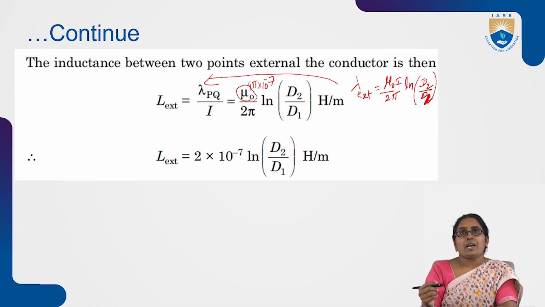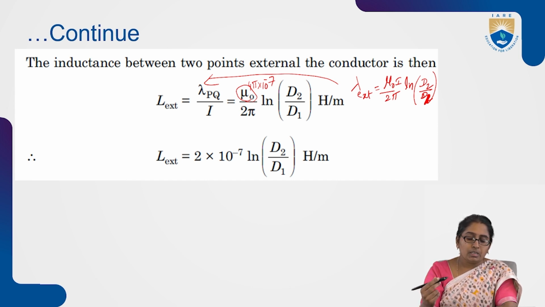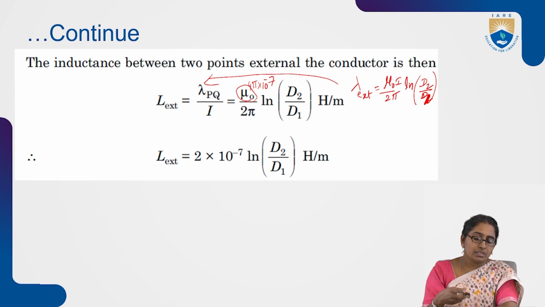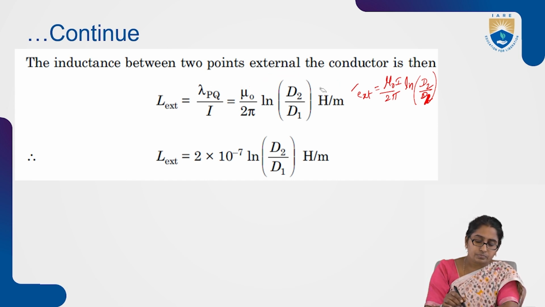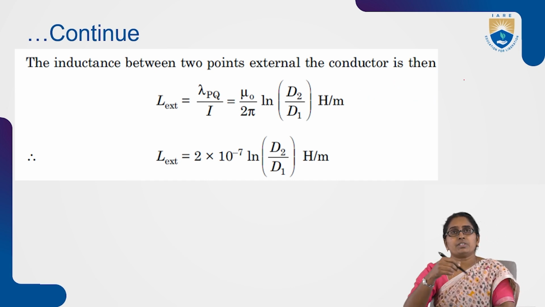So it gets cancelled with 2 pi and becomes 2 into 10 power minus 7 log of d2 by d1. So this is the inductance due to external flux, where we have taken externally 2 points, P and Q, which are at distances d1 and d2. So then this is the expression.